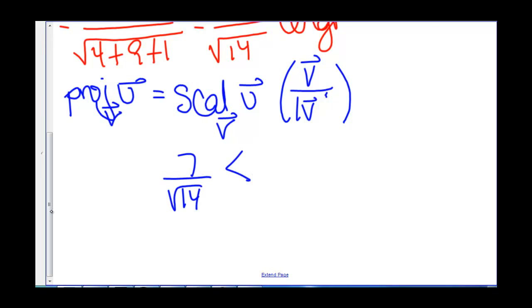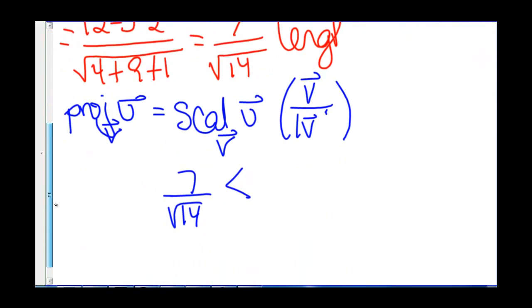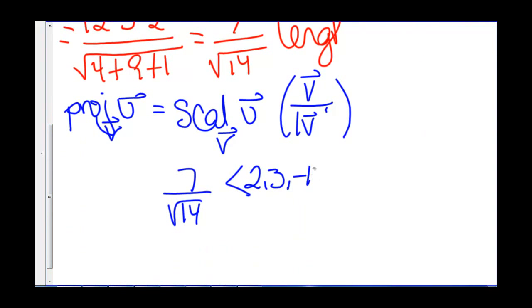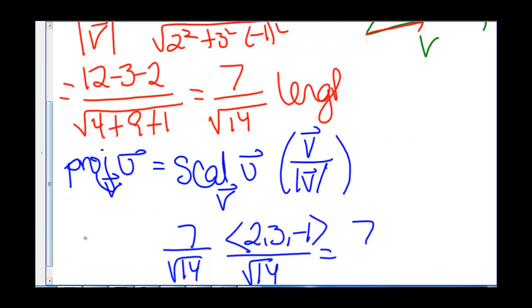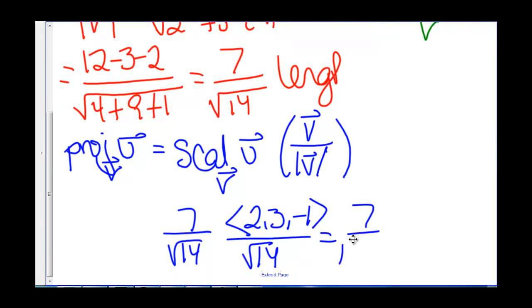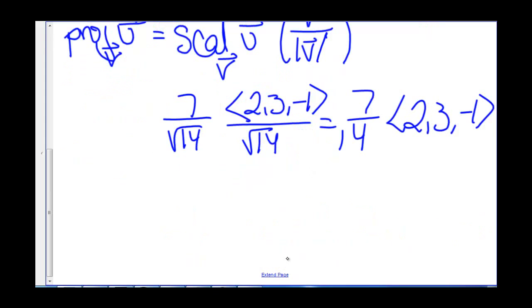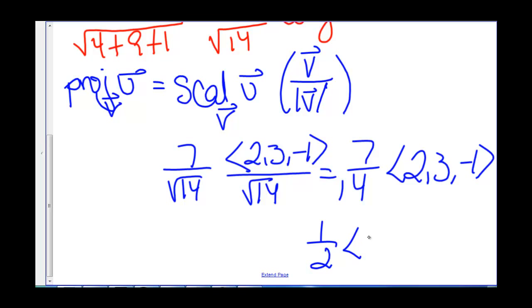Our vector v is 2, 3, negative 1. We already found our length of v once. That was the square root of 14. So we get 7 over 14 times 2, 3, negative 1, which is 1/2 times the vector 2, 3, negative 1. And that is our projection of u onto v.